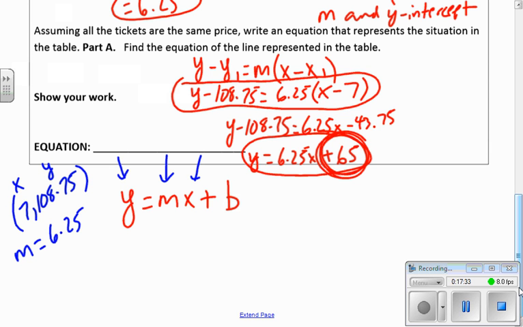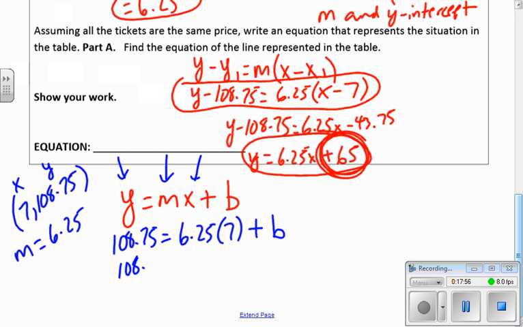So I can still use this equation. I'm taking the slope-intercept form, and I'm just plugging in the information I know. I do not know b, so that's just going to stay as the letter b. So 108.75, because that's my y value, equals 6.25, that's the slope, times 7, the x value, plus b.